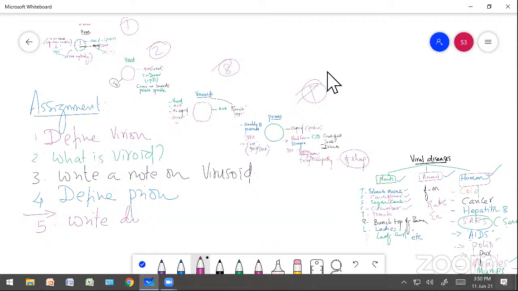Write down any four viral diseases in plants, and any four important viral diseases in human beings.